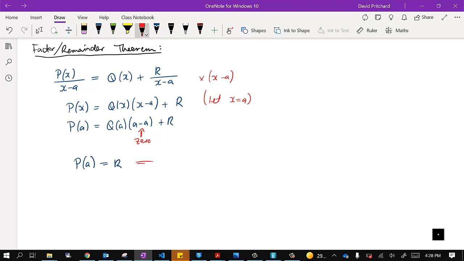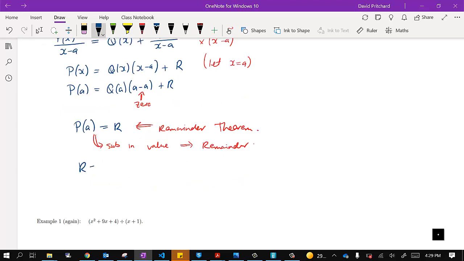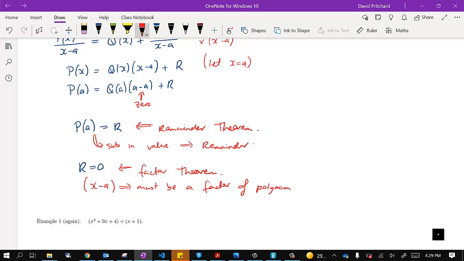Now, this is remainder theorem, and that tells us if you sub in the value, then you'll end up getting the remainder. If the remainder is equal to 0, then it's factor theorem because that x take a must be a factor of the polynomial. So basically we're saying that it goes perfectly in.